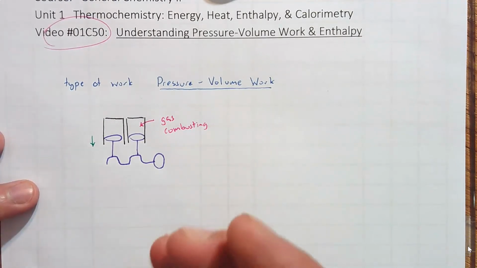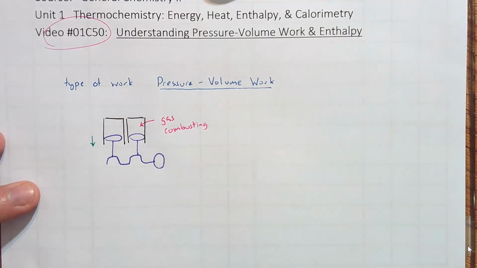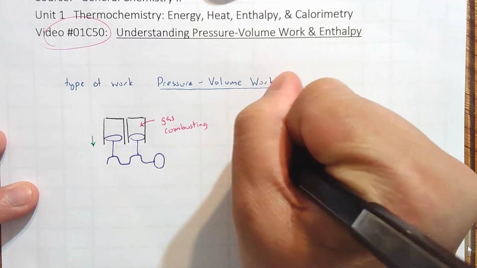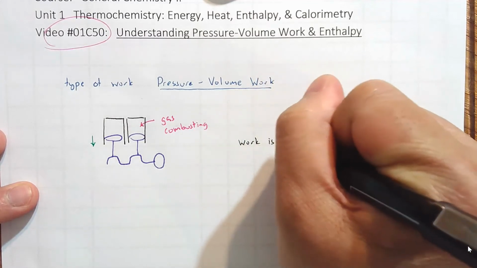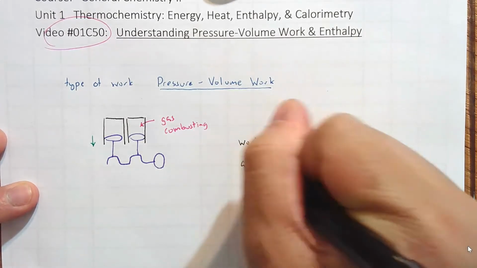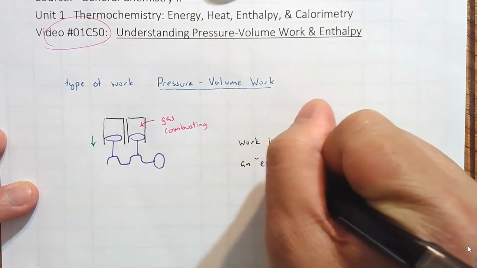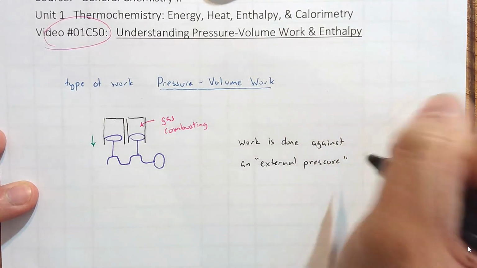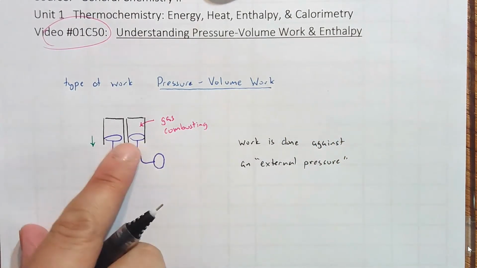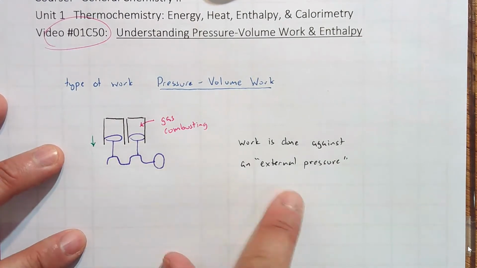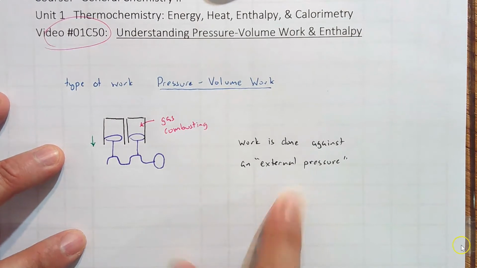So that is doing work, and in this case, work is done against an external pressure. So we have all the components. We have work, we have an expanding volume, and that work is being done against an external pressure.